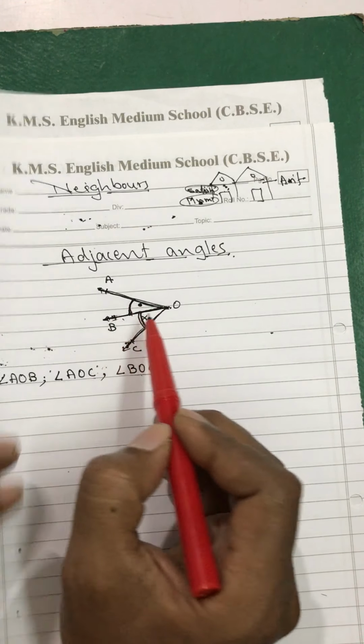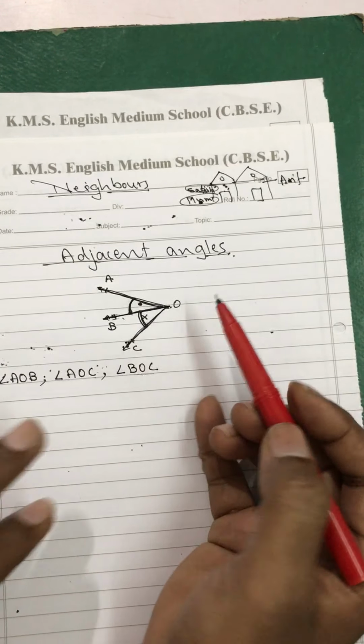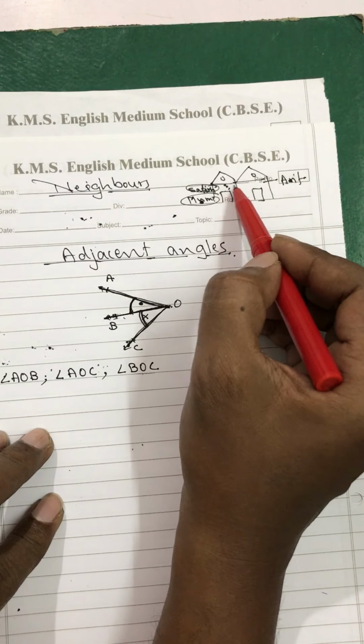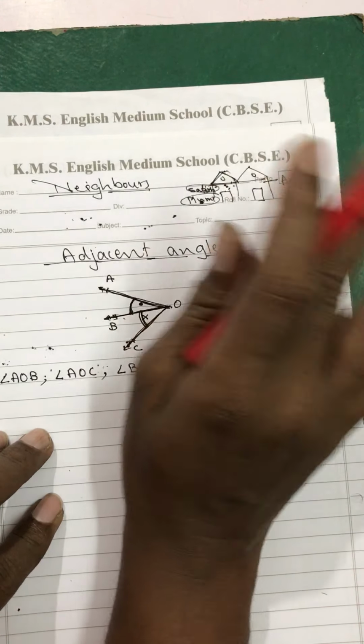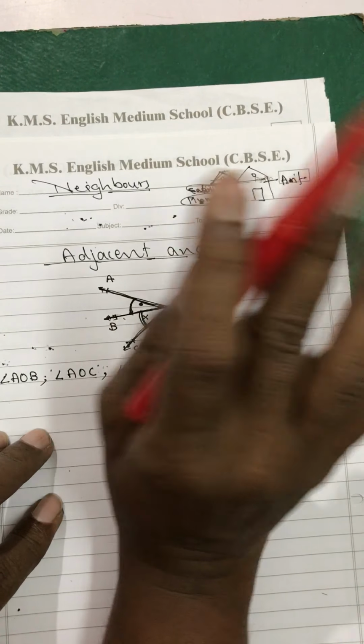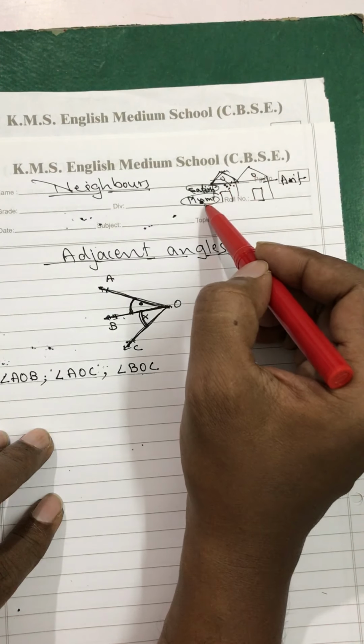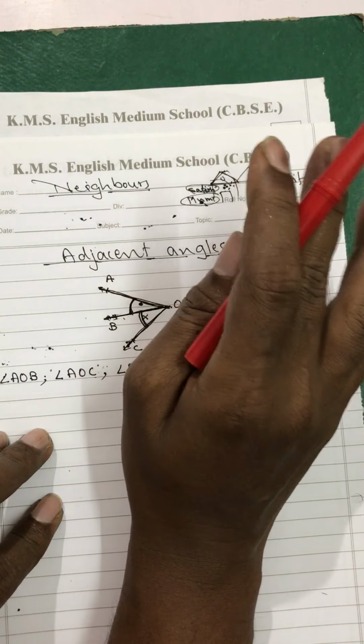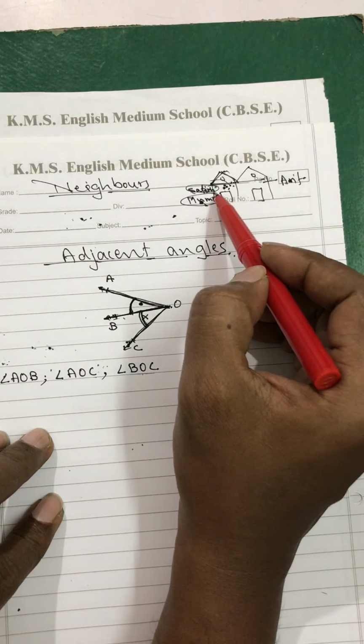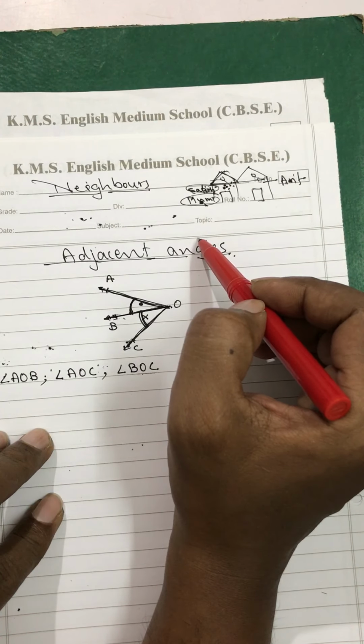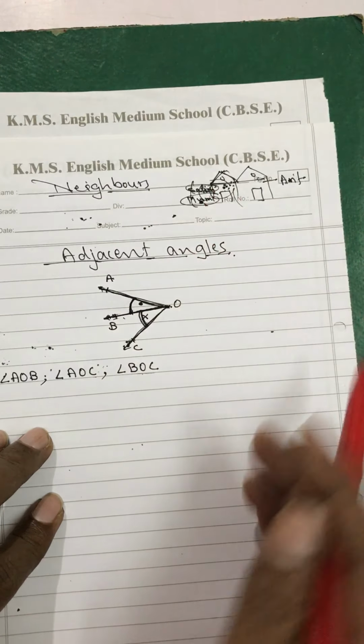Angle AOB is also inside angle AOC. I can't say Satish is a neighbor of this house. No, Satish is inside this house. He will never be the neighbor of this house. Munna is inside this house. He will never be the neighbor of that house. They can be neighbors of the other house. So like this it is.